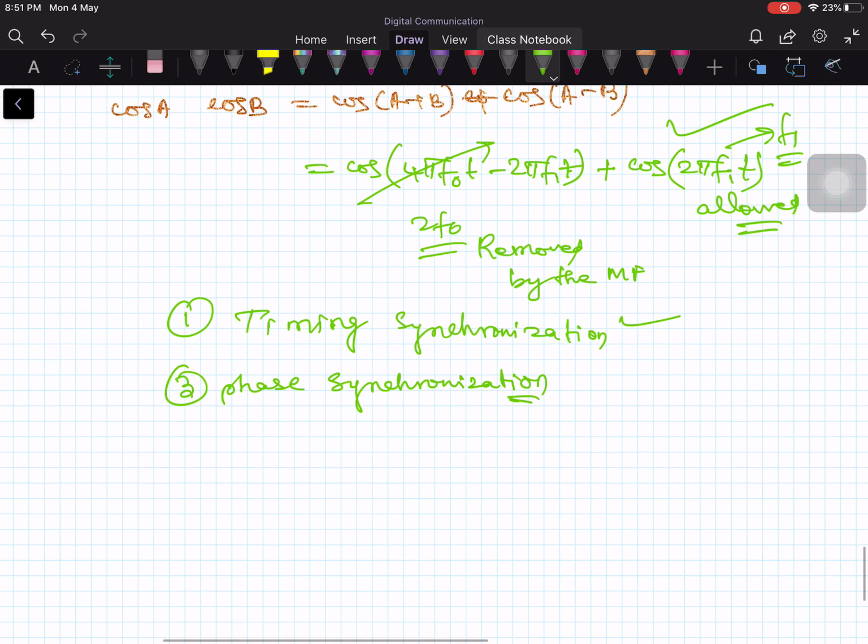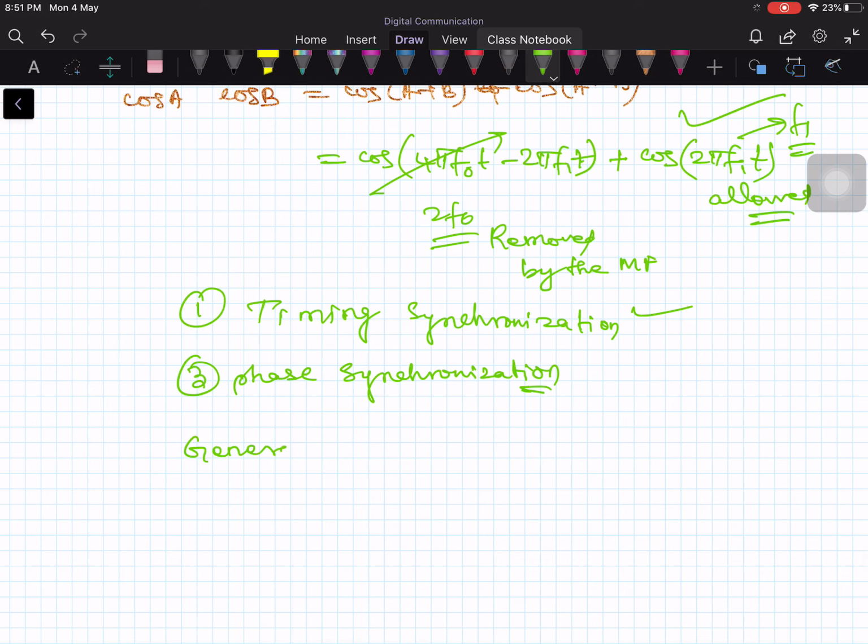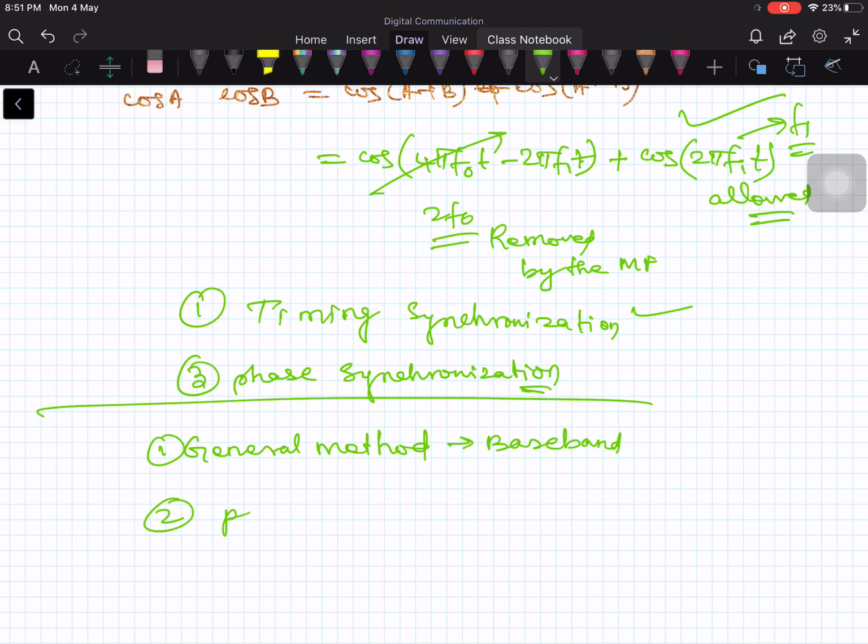Till now I have discussed three methods. One is the general method, which I can call the baseband method. It can be baseband or passband, anything. The second one is passband implementation. In passband we said there are certain issues, so those can be overcome by the IF implementation.